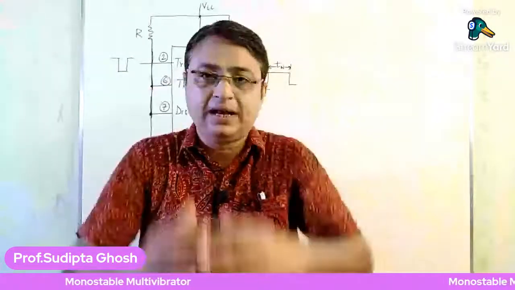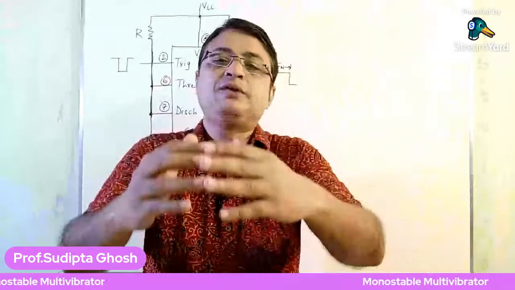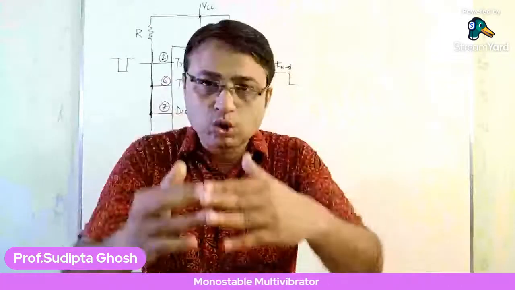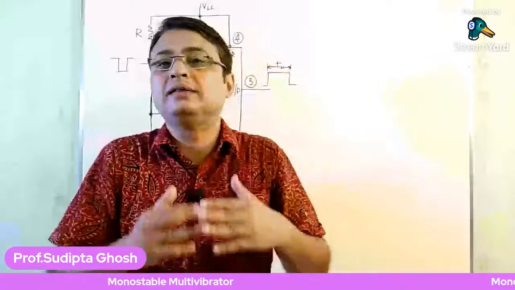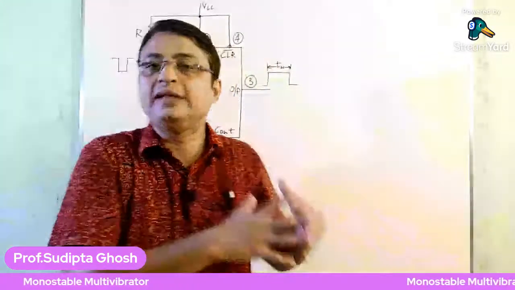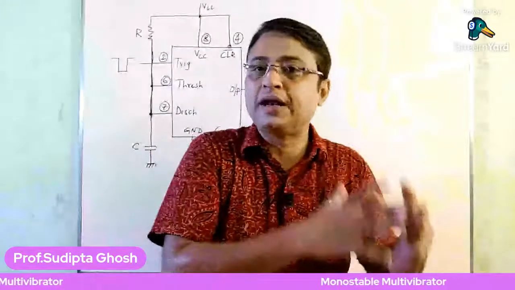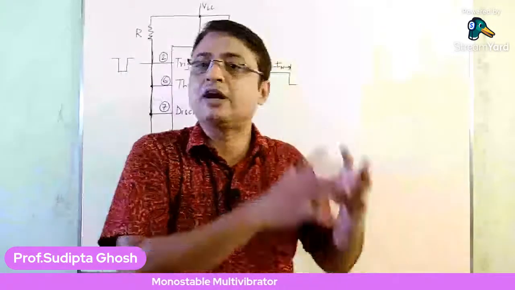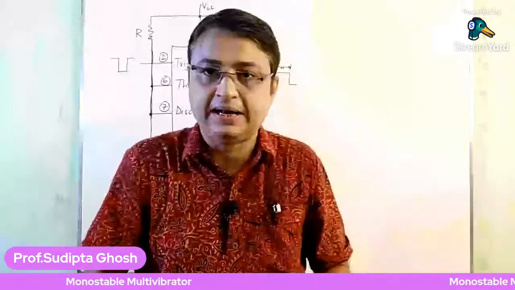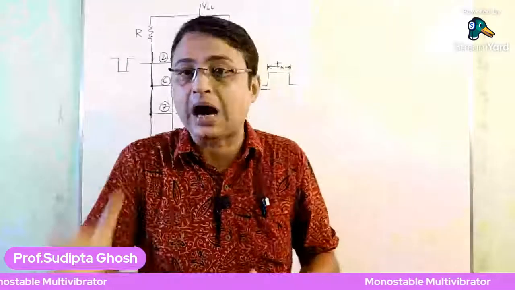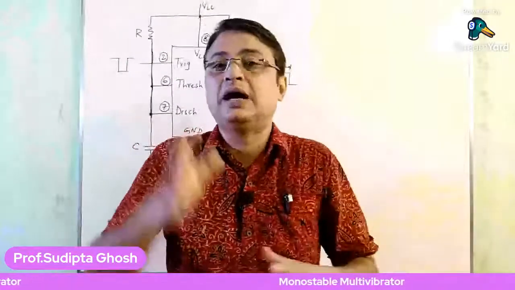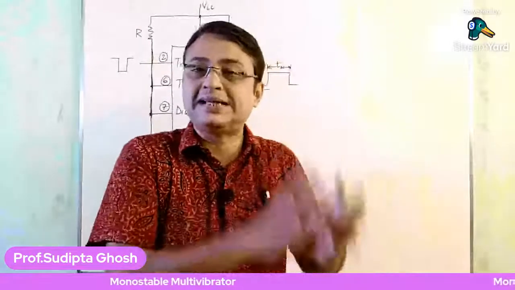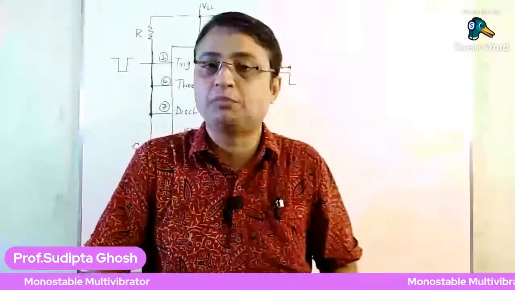So it will make the trigger input voltage go below 1/3 VCC. Now whenever the trigger input goes below 1/3 VCC, the trigger comparator goes high. And as the trigger comparator output is connected with the set input of the SR flip-flop, the set input goes high.